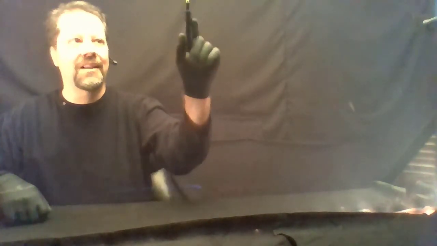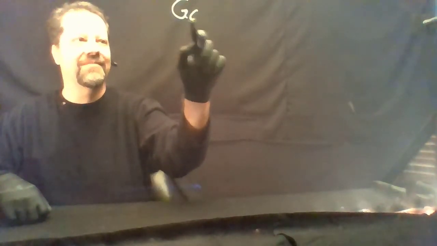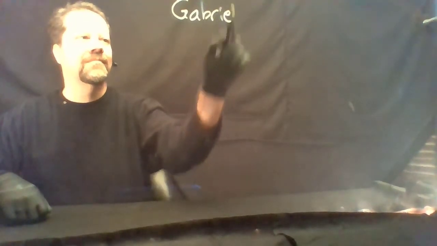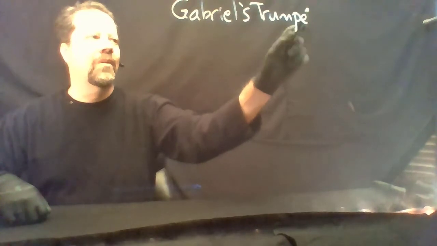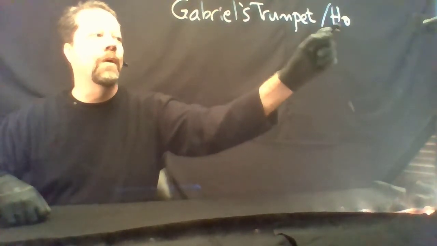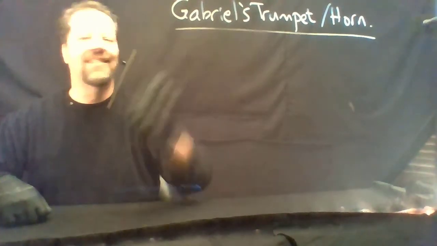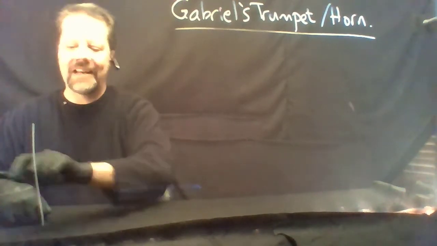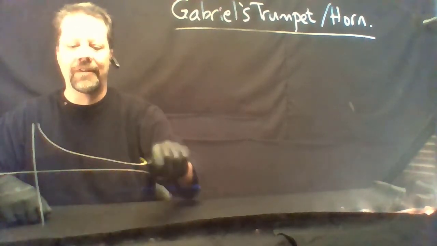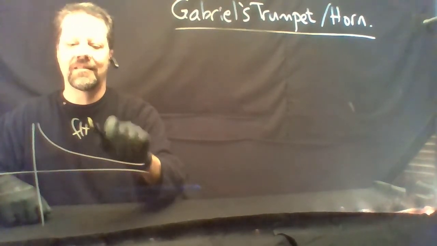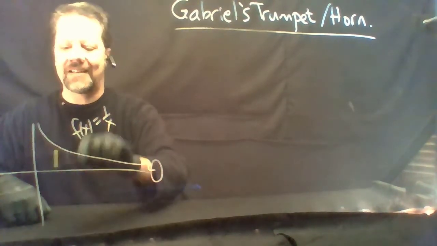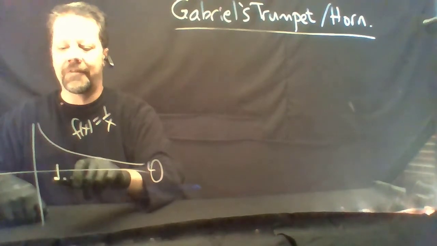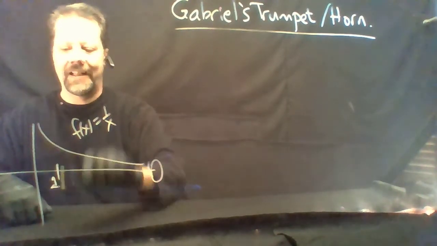In my next example, I'd like to look at something called Gabriel's trumpet, or Gabriel's horn. What we're going to do is take the curve 1 over x and revolve it about the x-axis above the interval from 1 to infinity.